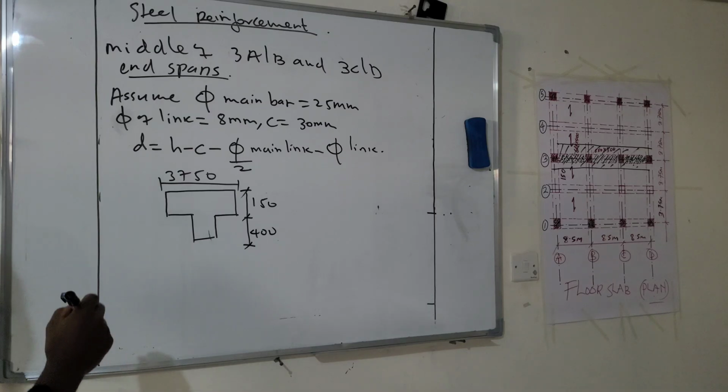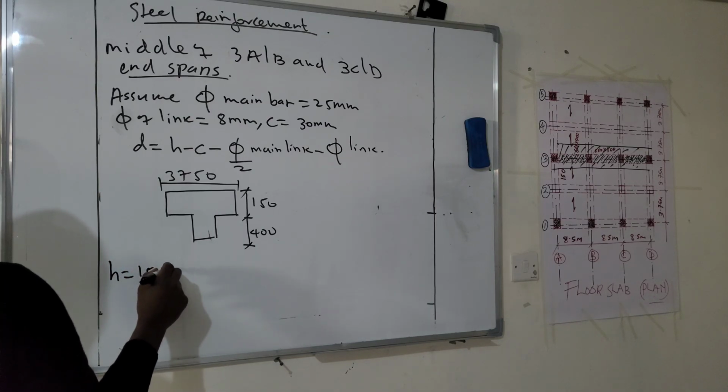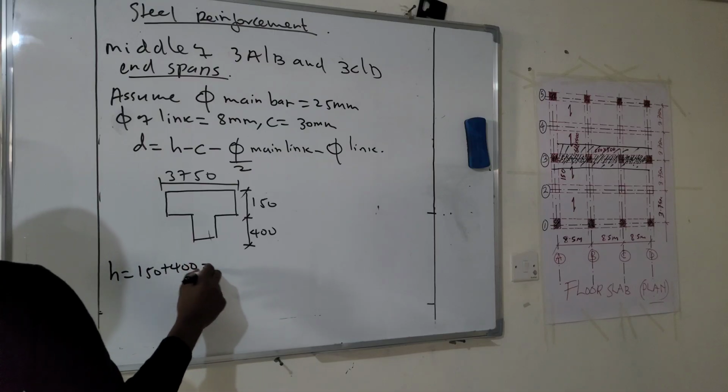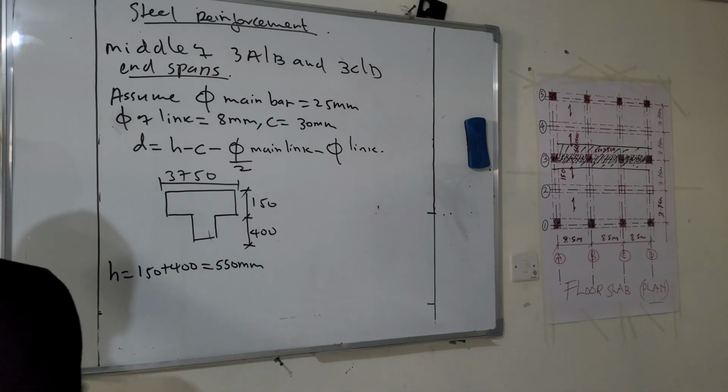So the H is equal to 150 plus 400, which is equal to 550 millimeter.